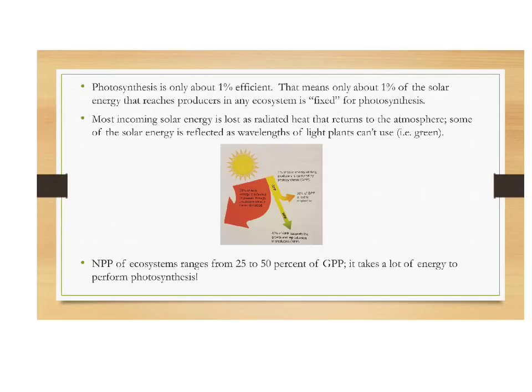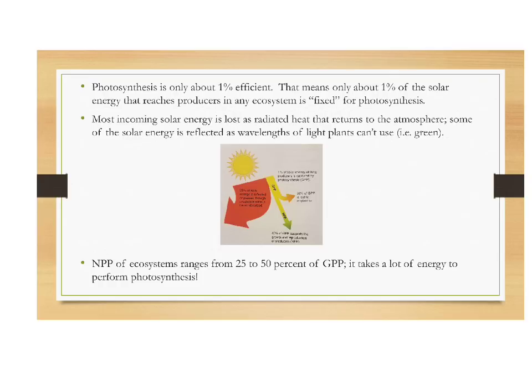Photosynthesis is an extremely inefficient process. In fact, it's only about 1% efficient. What that means is that only about 1% of solar energy that reaches producers, that means sunlight falling on the leaves of plants, is actually used or fixed for photosynthesis.